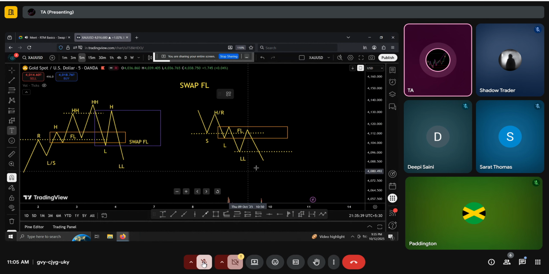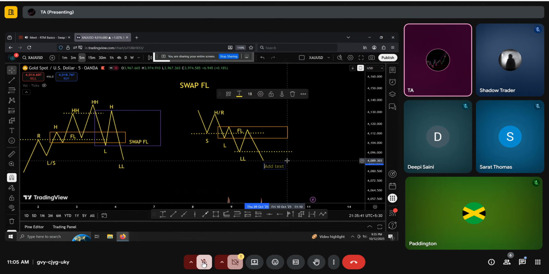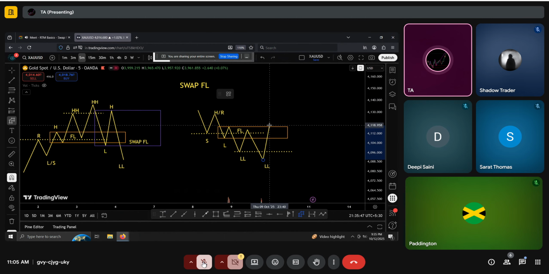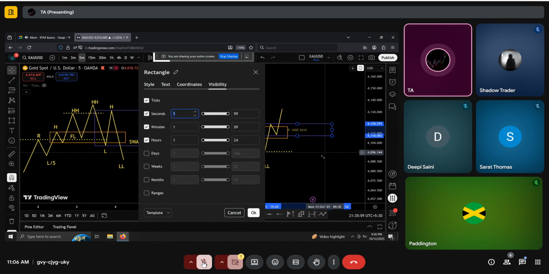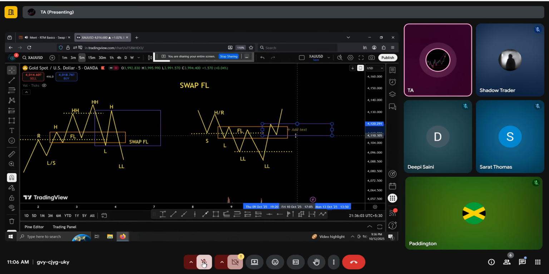And this one is our lower low. So when price goes up, breaks this box to the upside, pulls back, and then goes up again, a box is formed here, a zone is formed here, and this will be called swap FL, right?